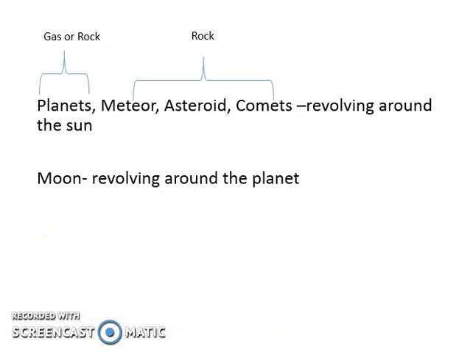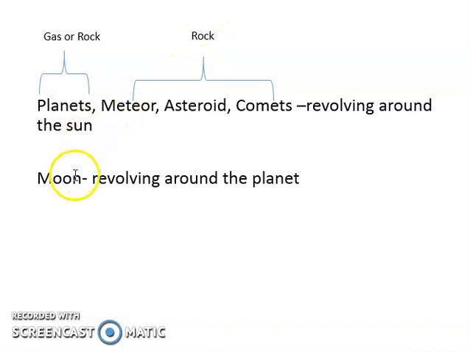Okay, now let's make a short summary about the topic that we have today. Planets, meteors, asteroids, and comets, all of these are revolving around the sun. But their difference is planets could be gas or rock, while meteors, asteroids, and comets are all rock.